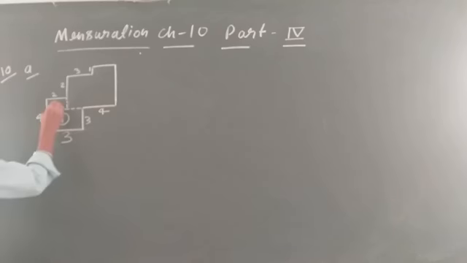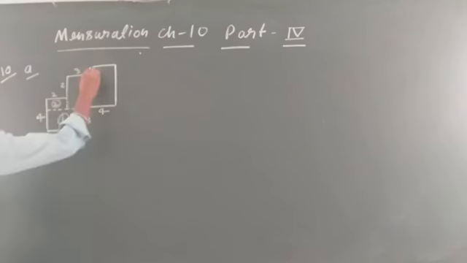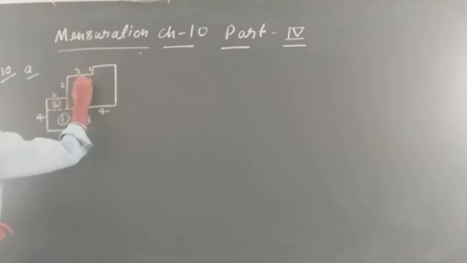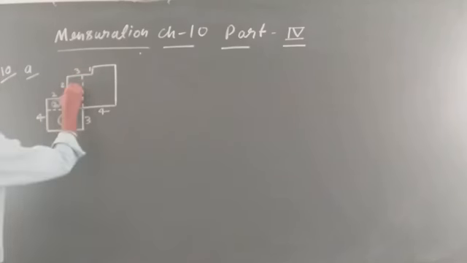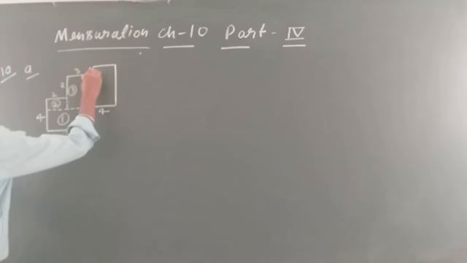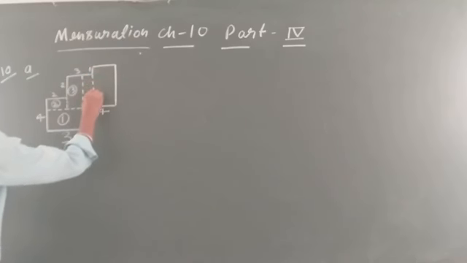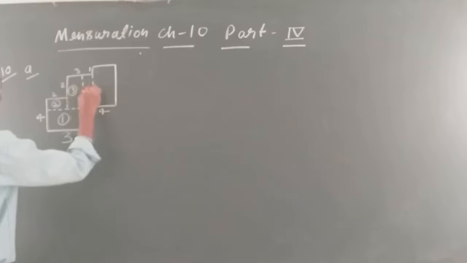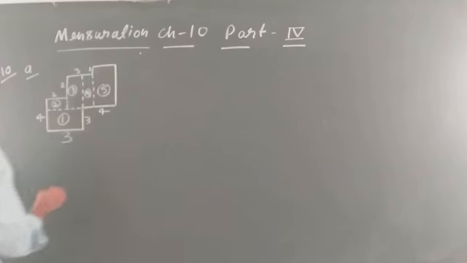Clear? And this one I can make the third rectangle. Okay? This is our third rectangle. Yani 1, 2, 3, this is the fourth rectangle, and this is the fifth rectangle. Clear, student?